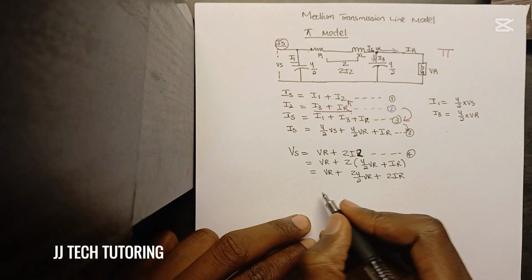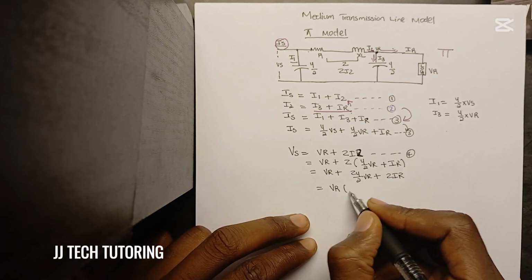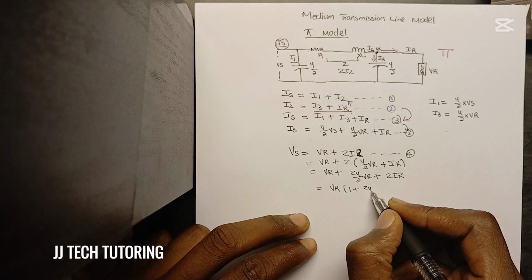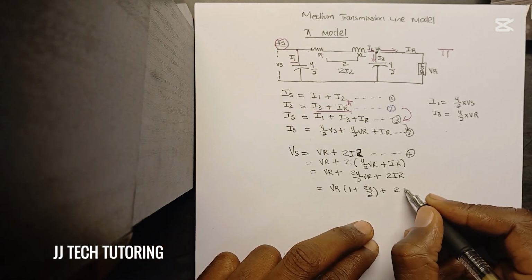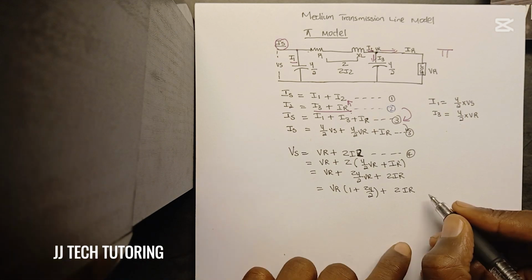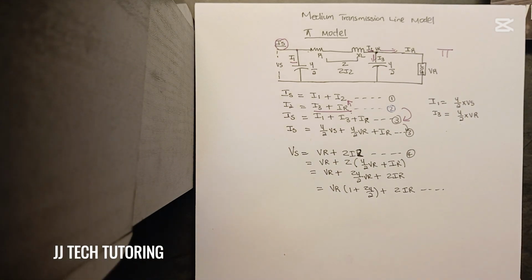Then from there, we're going to factor out VR, 1 plus ZY over 2, then plus ZIR. Then this is our voltage equation, VS equation. That is definitely completed, right?